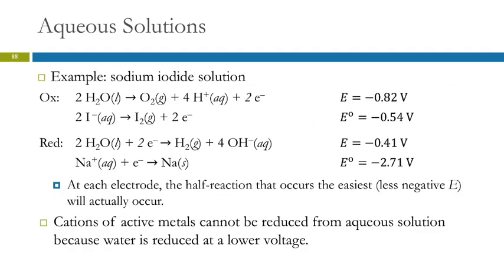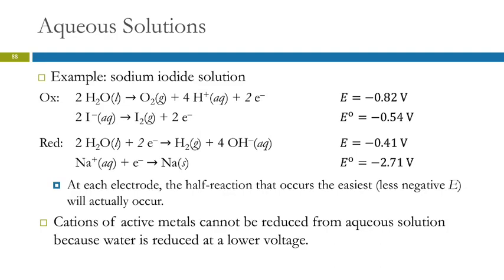So if we look at a sodium iodide solution, we've got 2 possibilities for the oxidation. We could oxidize the iodide, or we could oxidize the water. When we look over here, the actual potential for the water is minus 0.82. The standard potential for the iodide is minus 0.54.